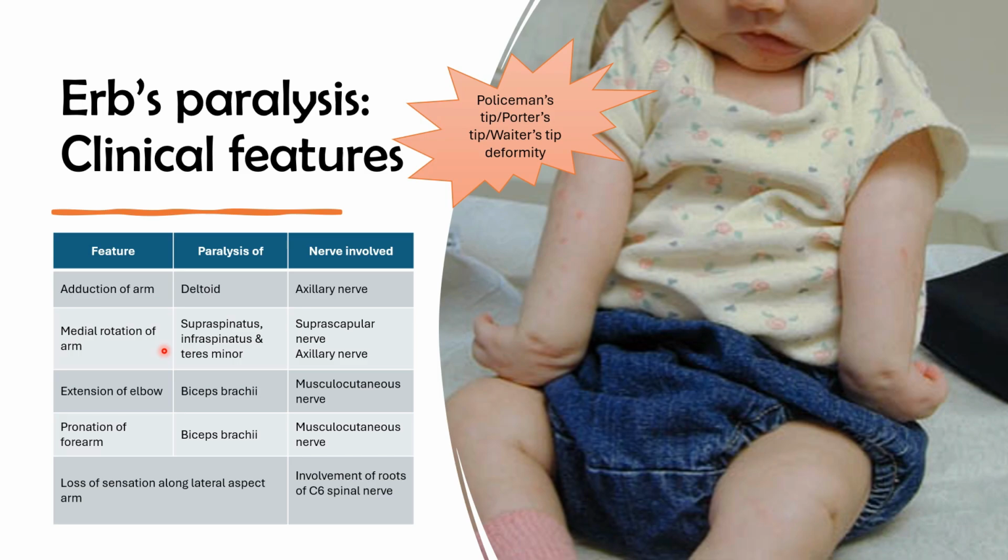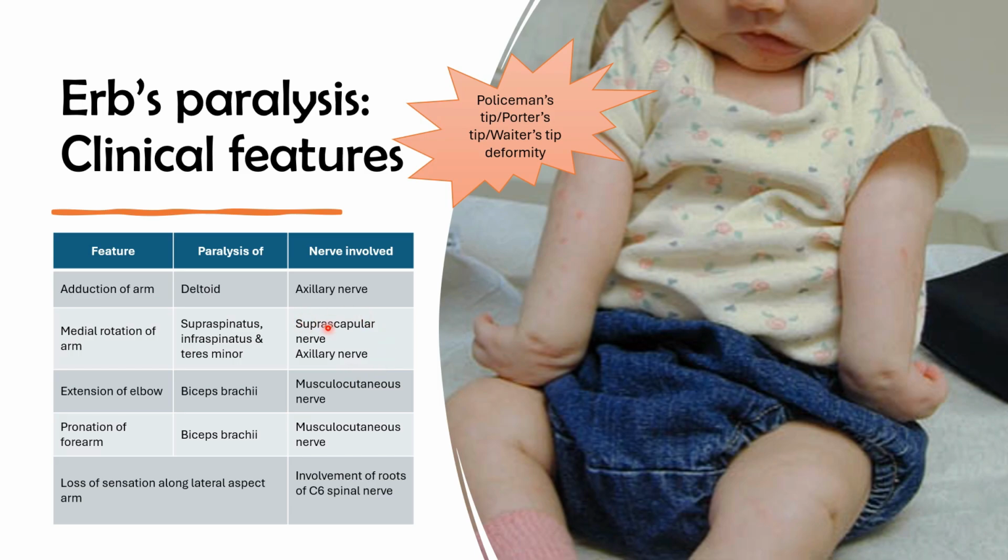Then coming to the medial rotation of the arm. Why is the arm medially rotated? Because the opposing movement, that is lateral rotation, is not possible. Why is it not possible? Because of paralysis of the supraspinatus, infraspinatus and teres minor. The supraspinatus and infraspinatus are supplied by the suprascapular nerve, and the teres minor by a branch from the axillary nerve.